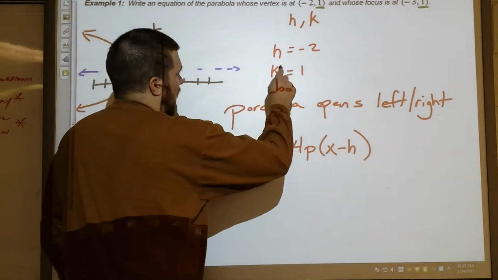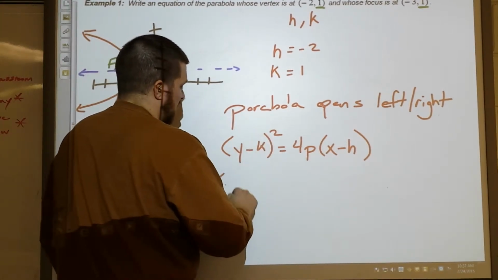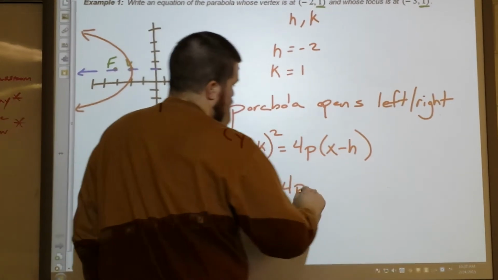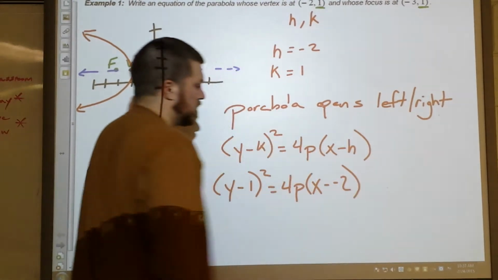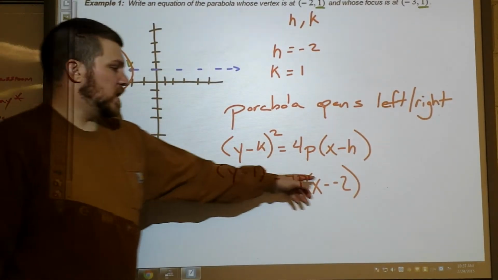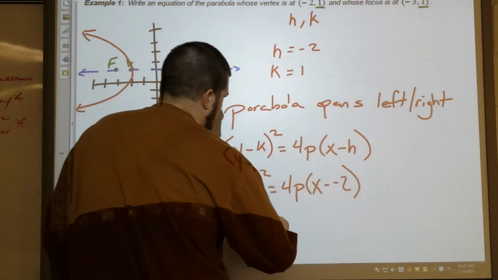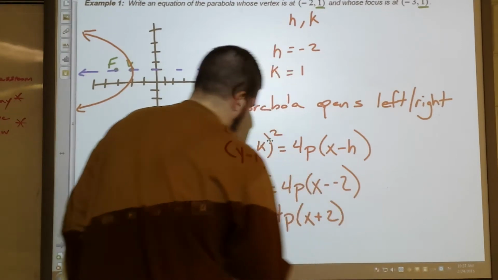So my h was -2, my k was +1. So I have (y - 1)^2 = 4p(x - (-2)). I want to clean up as much as I can. Negative, negative makes it positive, so (y - 1)^2 = 4p(x + 2).